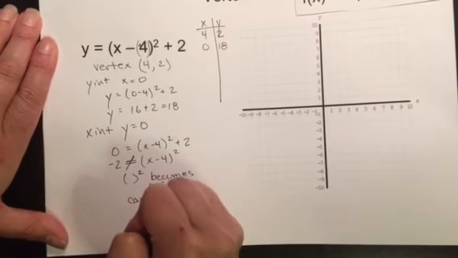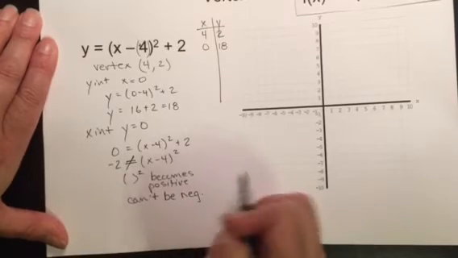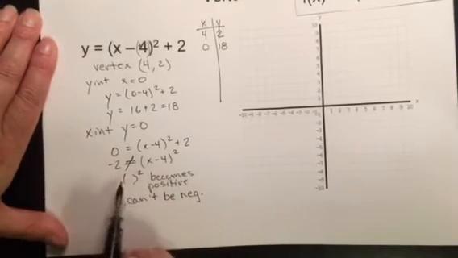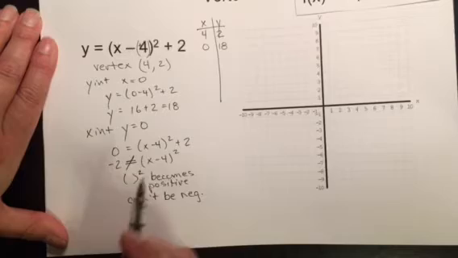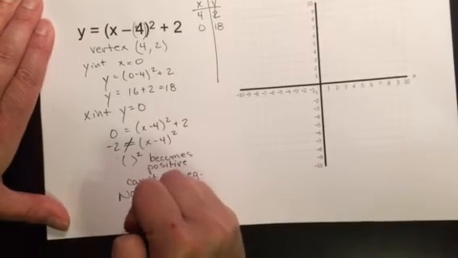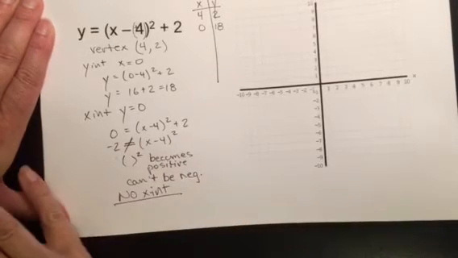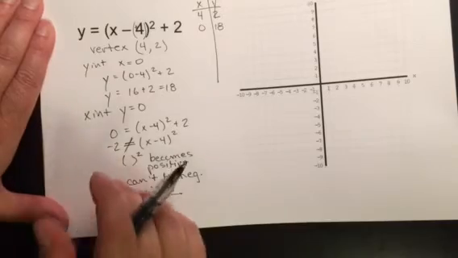It can't be negative. So that means there's no solution here, which means there are no x-intercepts.